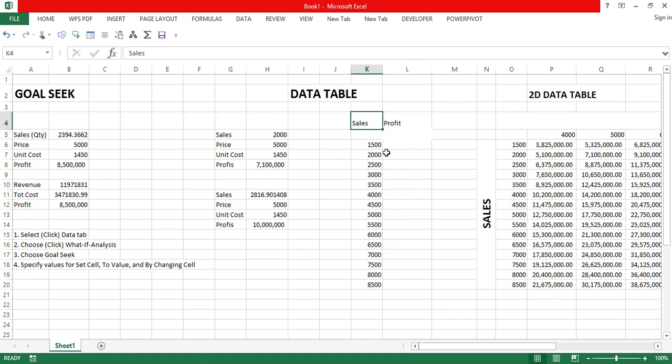First of all, just type your heading, sales and profit, and give a gap like this. You see why. Give a gap, then start from here. You can just type all this.